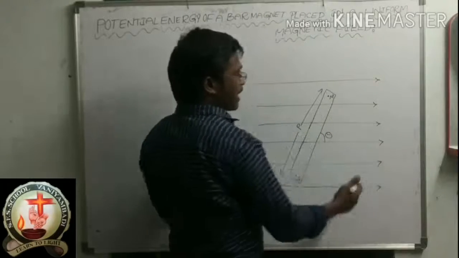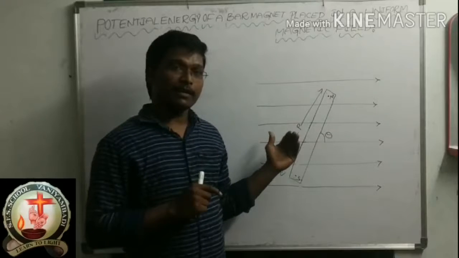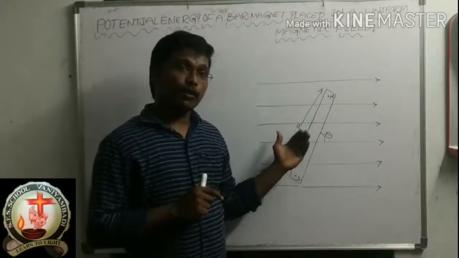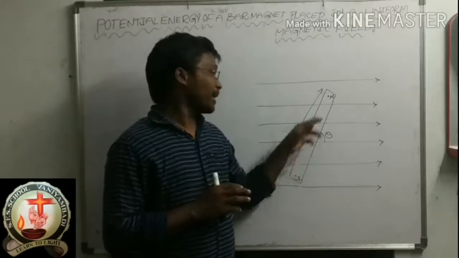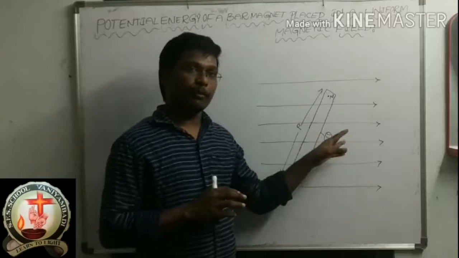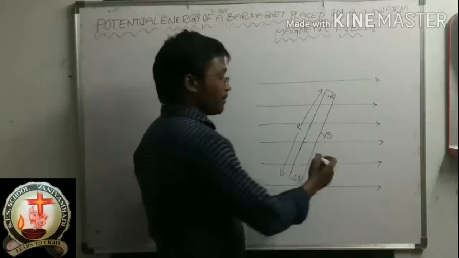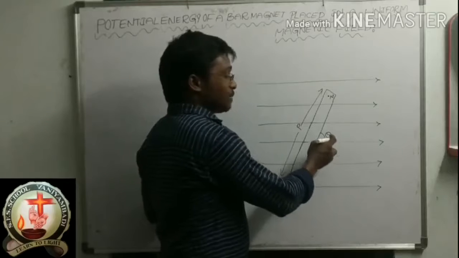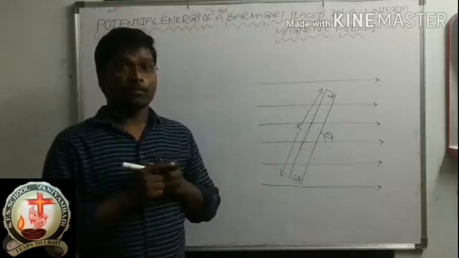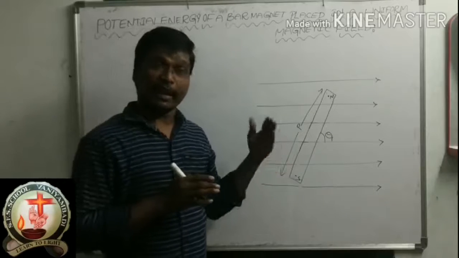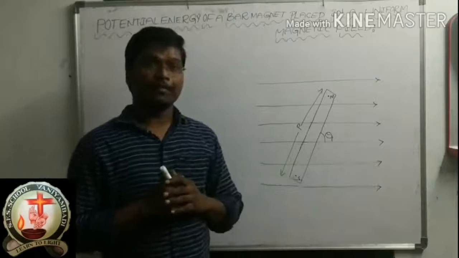Let us place the magnet in the uniform magnetic field, and this magnet is making an angle theta 1 with respect to the uniform magnetic field.